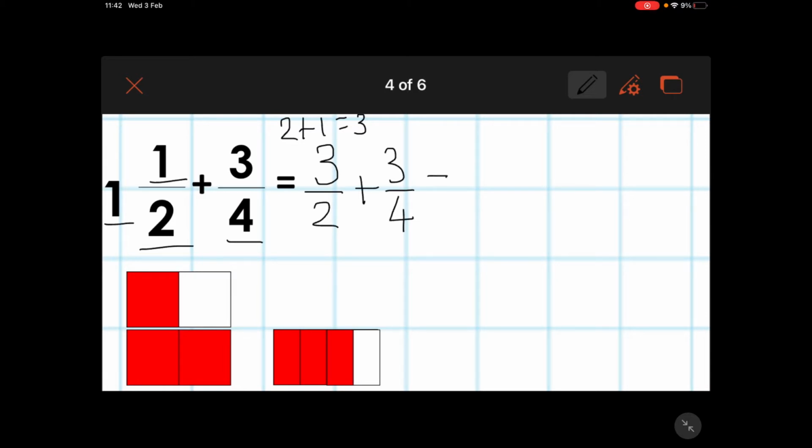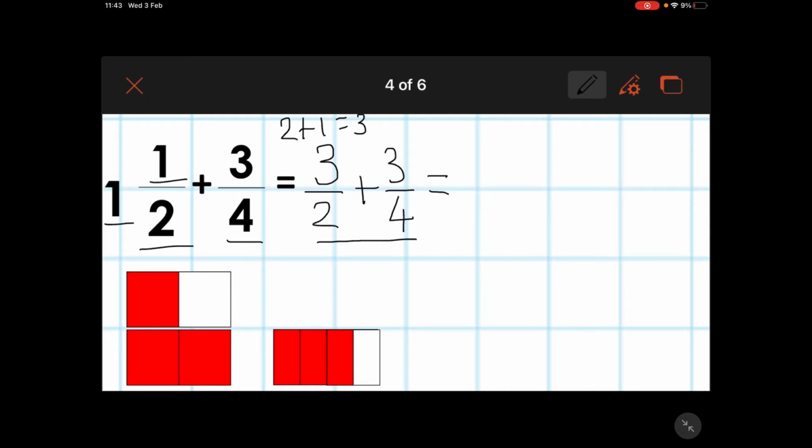But if we look at our fraction, 3 halves add 3 quarters, you will notice that they have different denominators. Now you should remember, if a fraction has a different denominator and you're trying to add them, it will be tricky.